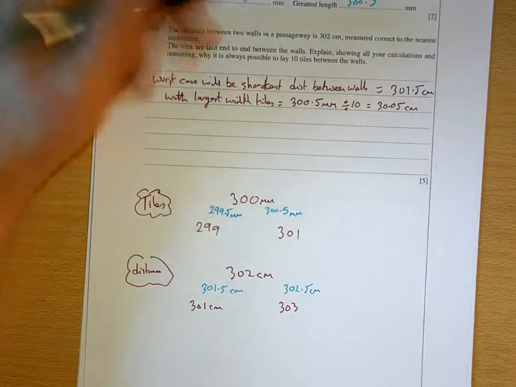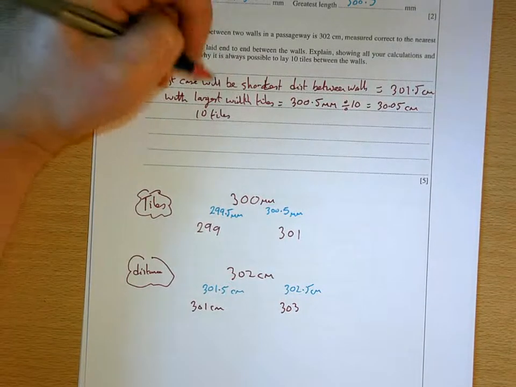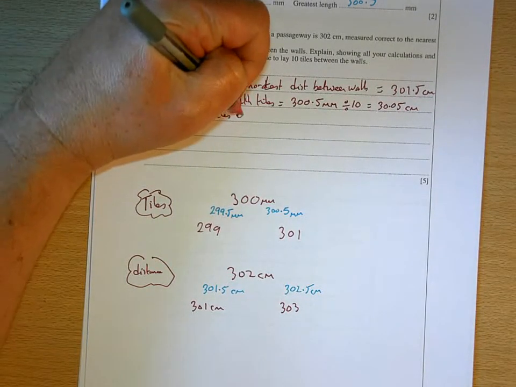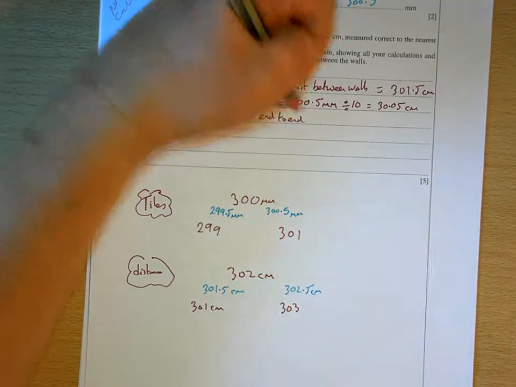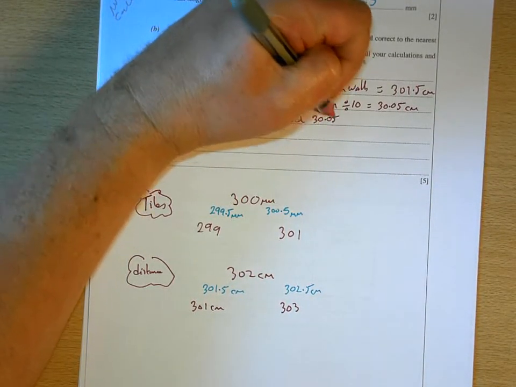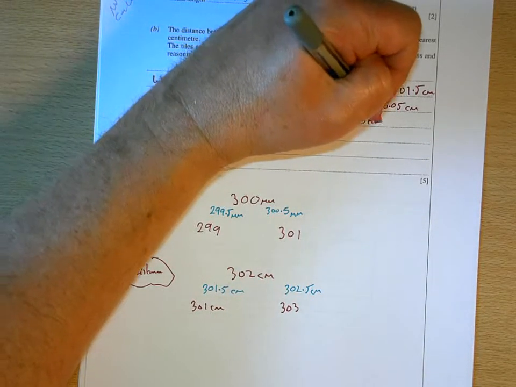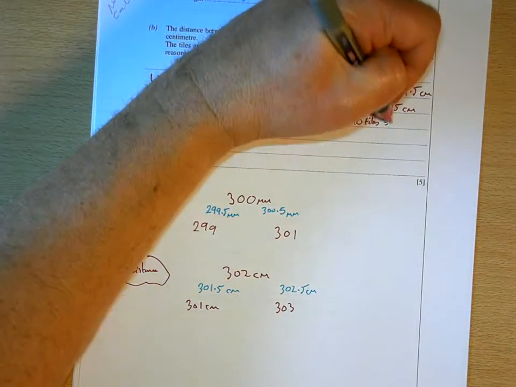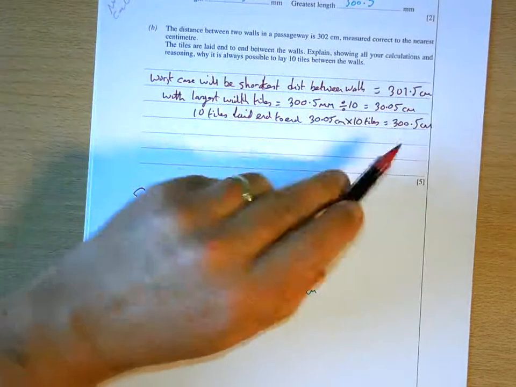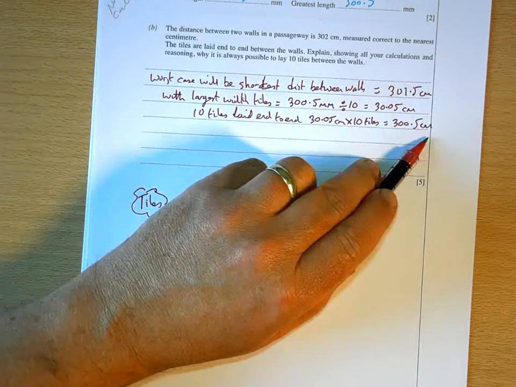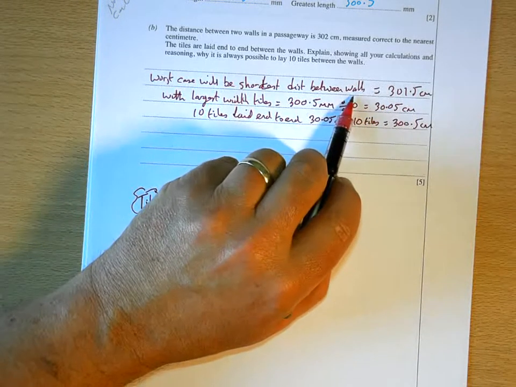I've got 10 tiles, and if they're all maximum width and laid end to end, then I'd have 30.05 centimeters times the 10 tiles equals 300.5 centimeters. 300.5 centimeters is smaller than that minimum possible distance between the walls.